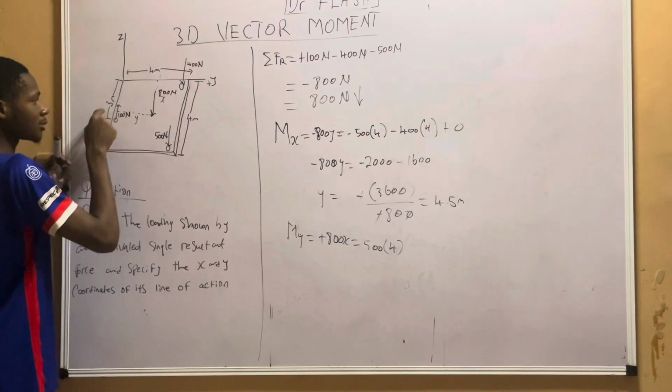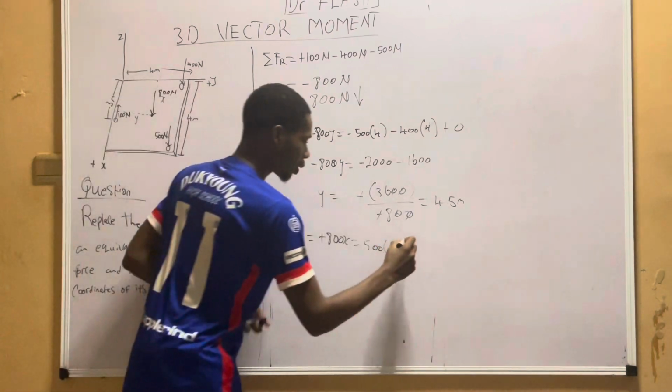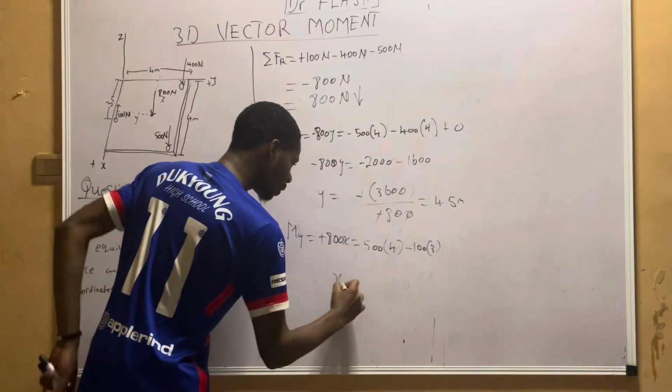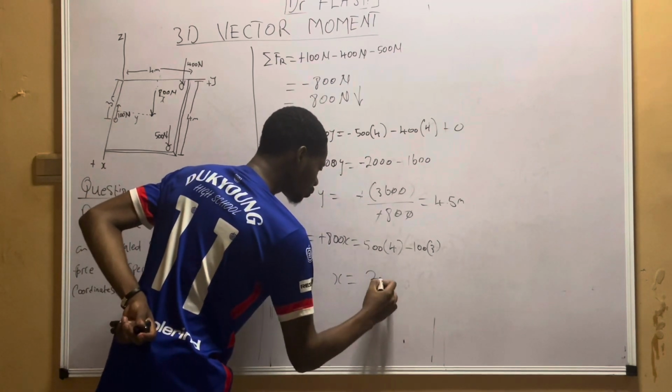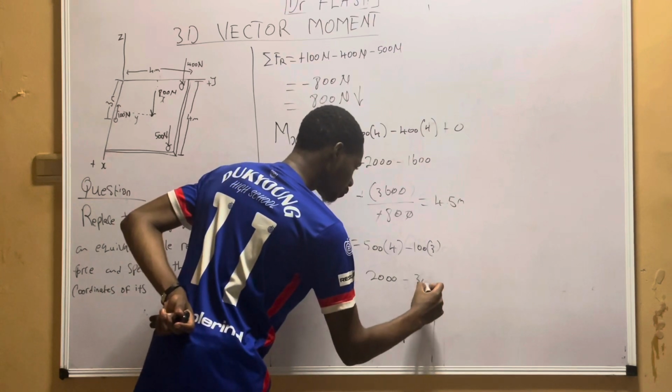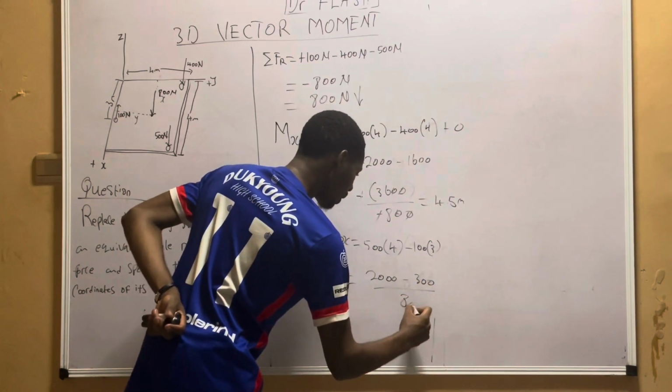So 100 times the distance from here to here, that's 3. So I'm going to have minus 100 times 3. So from here, the distance x is equal to 2000 minus 300 divided by 800.